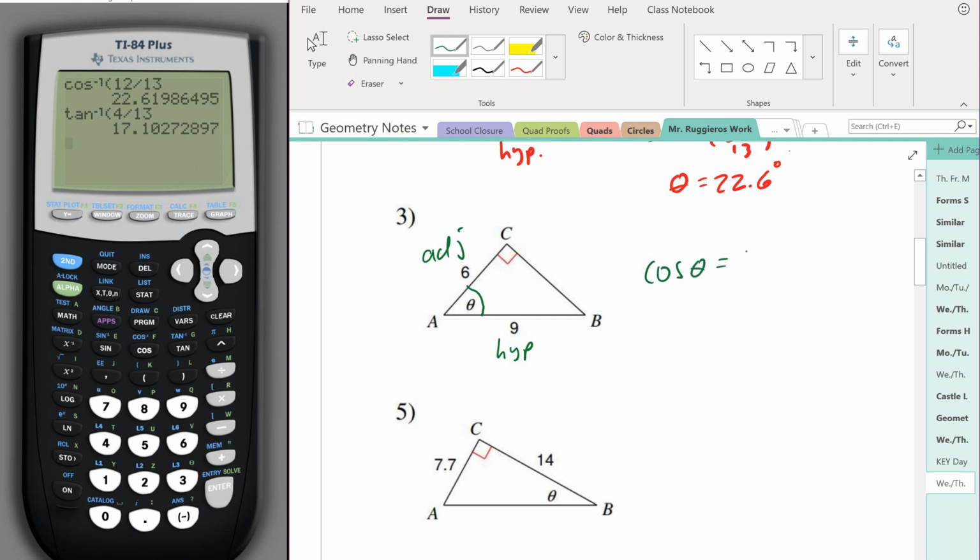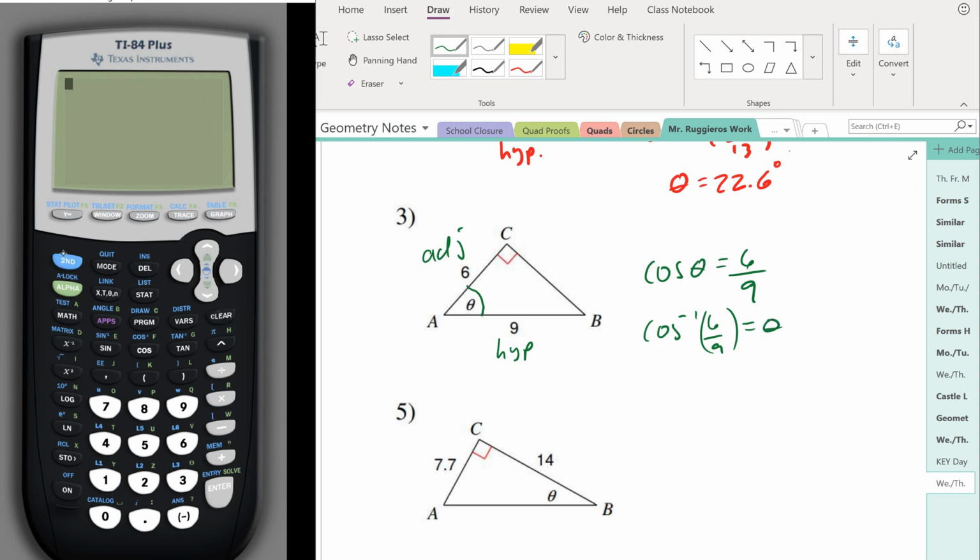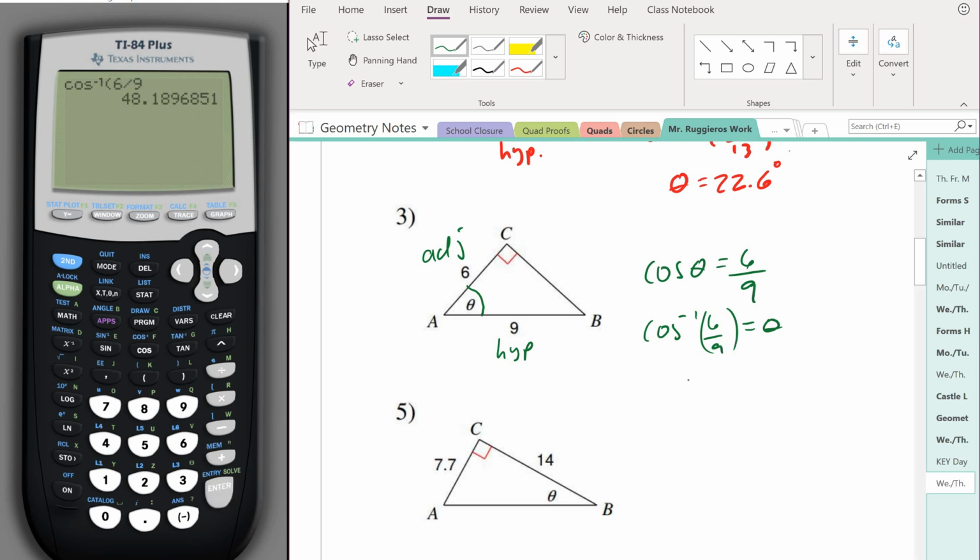The cosine of theta is equal to the adjacent over the hypotenuse. I do my inverse to get theta. I hit second cosine of 6 divided by 9, and to the nearest tenth, just be careful with that, that should be 48.2 degrees.